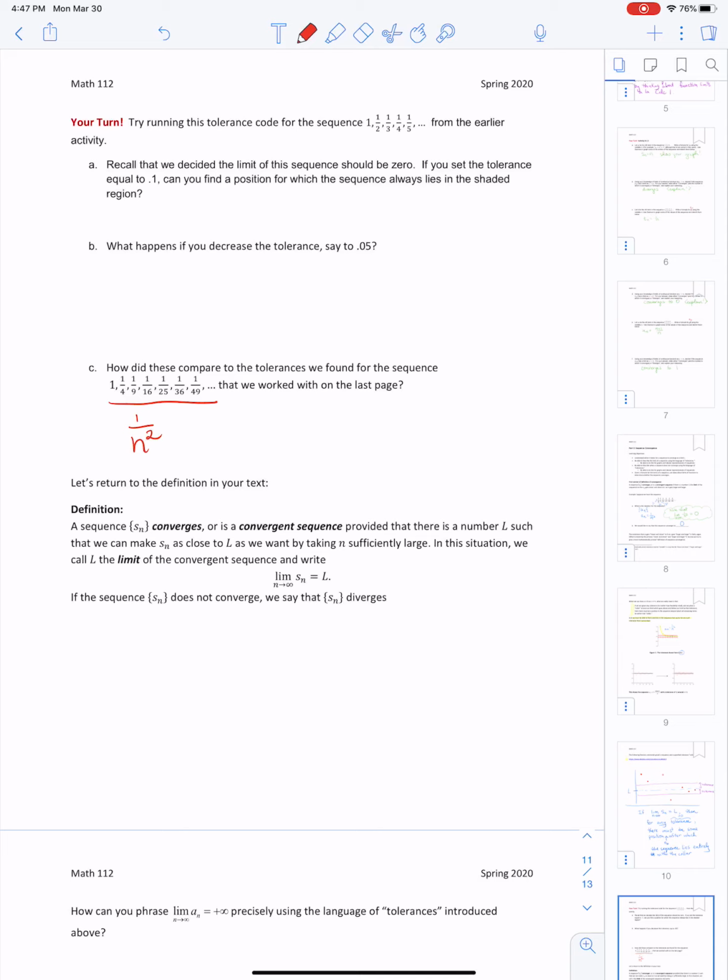So we'll begin there, and then we'll continue with a formal definition of convergence from your textbook, and then discuss how you can show that a sequence does not converge to any limit.